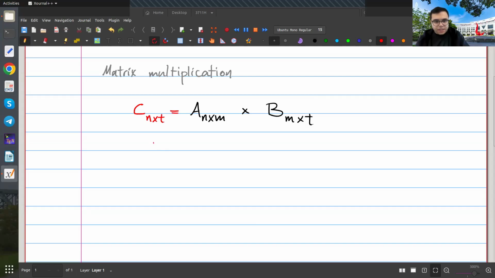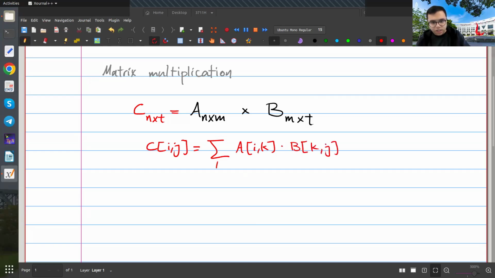And then as we've seen before, Cij is just going to be the sum of Aik times Bkj for every k, right? And if I just use this formula to calculate my matrix C, then the cost would be n times m times t, right?